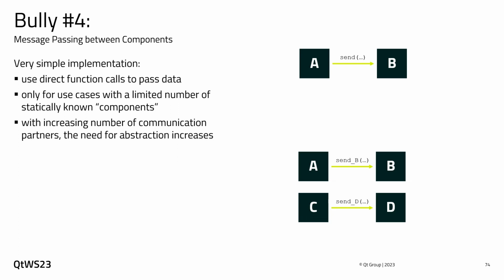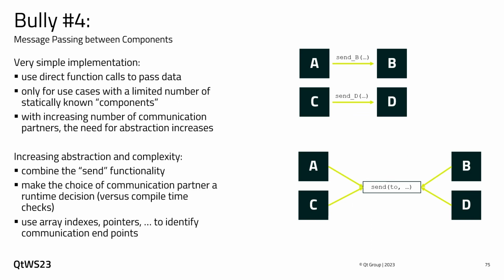We could increase the number of communications between those components, maybe by just summarizing again, like in this log and update function. Now we have a send, and the parameter was sending to. We just put this as a runtime decision. So instead of statically calling, we go for runtime, which makes life maybe easier because you just have one send function, but also for the static analysis, it's more difficult.